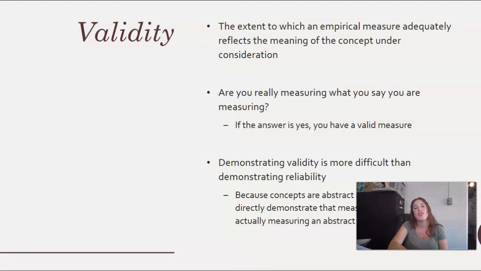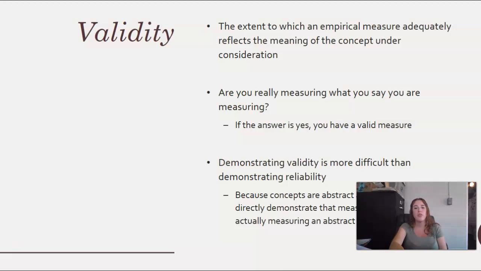And this is a lot harder to get at than reliability because the concepts are abstract. We're trying to make sure that we're getting at this concept, but we are kind of creating our own ways of measuring it. So we're asking basically, is our measure of crime valid? Are we actually measuring crime by asking these questions?